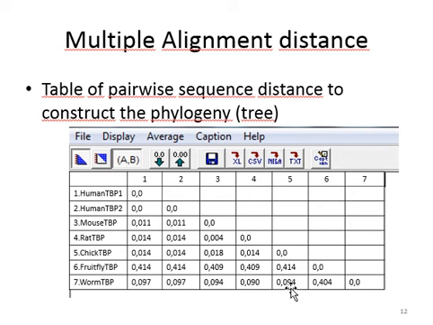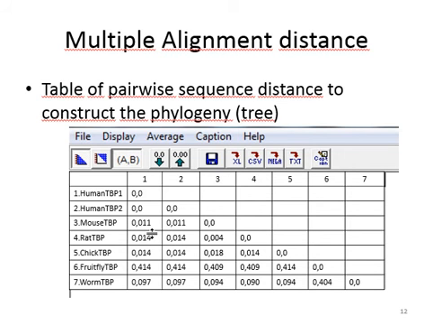In MEGA you can get the distance matrix, where the distance between those sequences is represented, calculated based on models. Most of the models are similar to substitution matrices, and you can check that between TBP1 and TBP2 there's a distance of 0, so there is no distance between the two isoforms of these proteins.